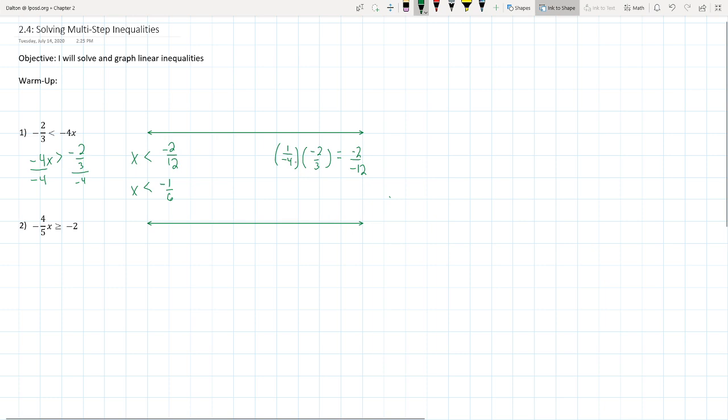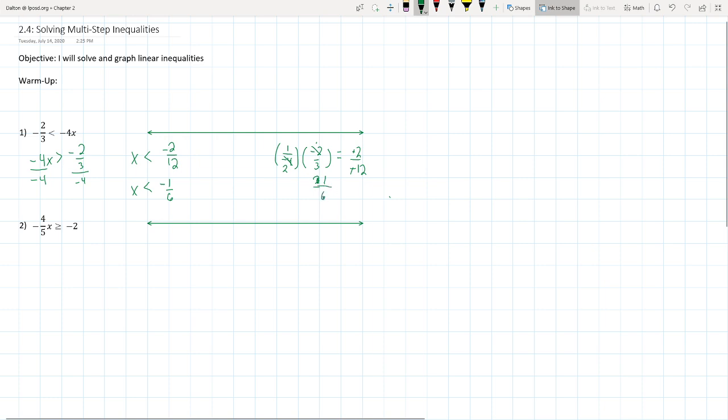You might recognize these two actually wind up reducing down. This turns into 1, this turns into 2. The negatives cancel out, and we get, oops, sorry, not 2, 1 over 6.